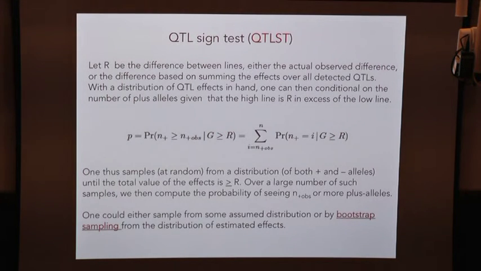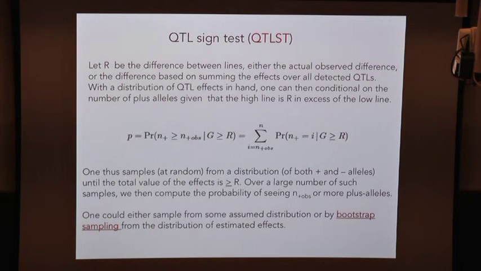Suppose my high line has a value R, and suppose that I sample QTL effects from a distribution, which could be plus or minus. We'll get to that in a second. I keep drawing QTL effects until their sum is R or bigger, then I stop. And then in that sample, I ask, how many plus alleles do I have?